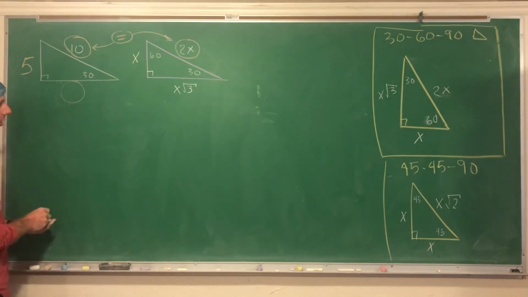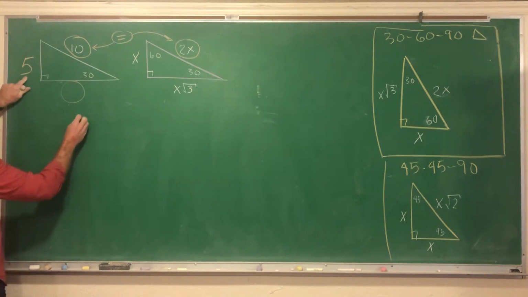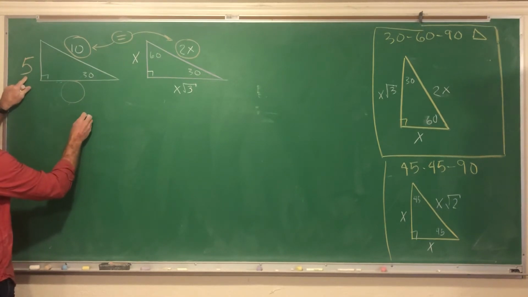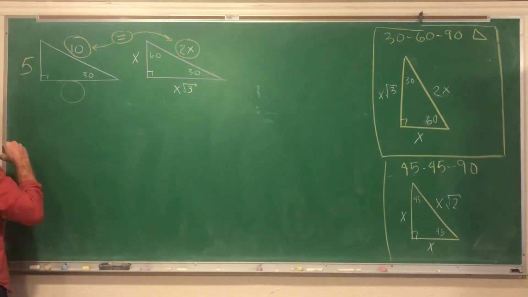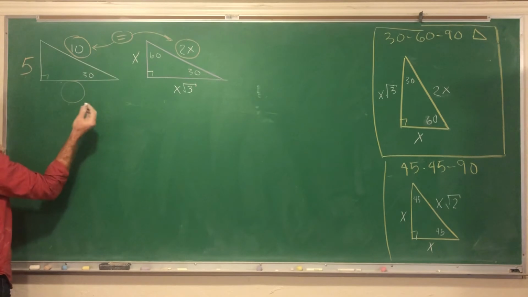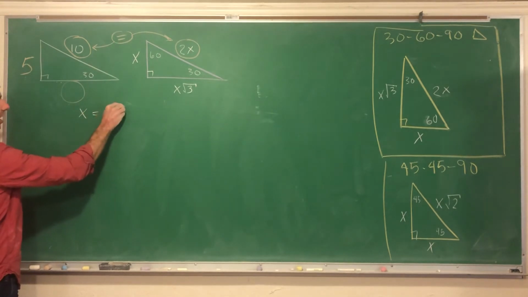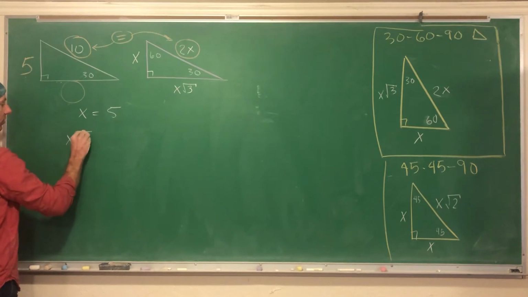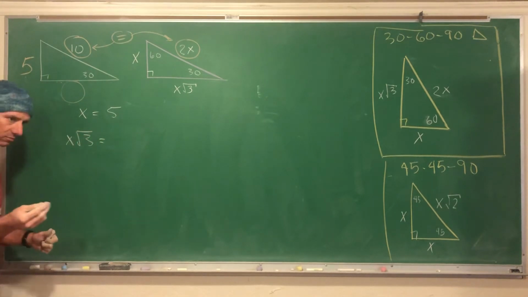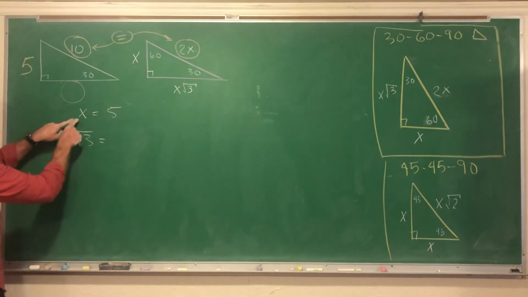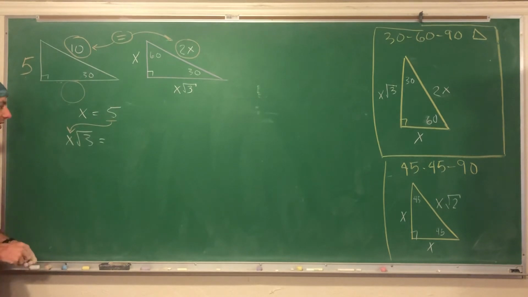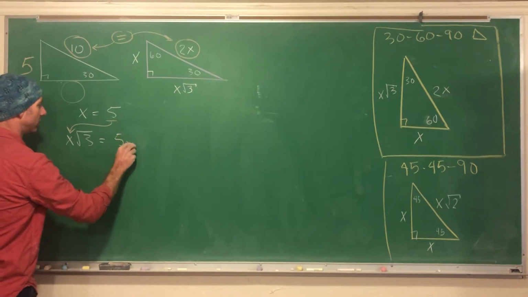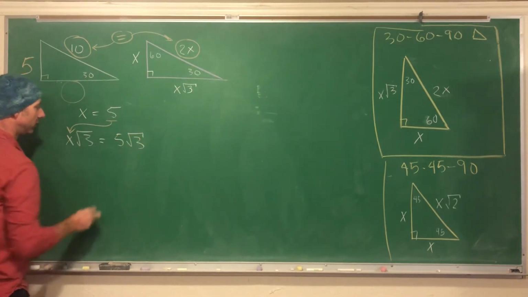Okay, so we already decided x equals 5. So down here it's unknown, but I know that x equals 5. So if x equals 5, x root 3 equals, well, since x is 5, there's an x right there, just put it right there: 5 times the square root of 3.